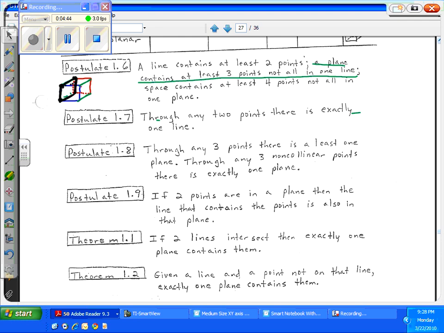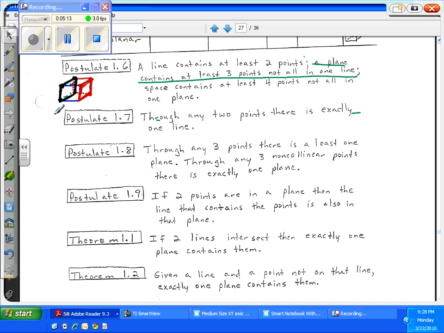If I took these 3 points, not all in the same line, those 3 non-collinear points, there would be only one plane, one flat surface that would hit all 3 of those. So a specific flat surface or a specific plane is determined by 3 points not all in the same line.